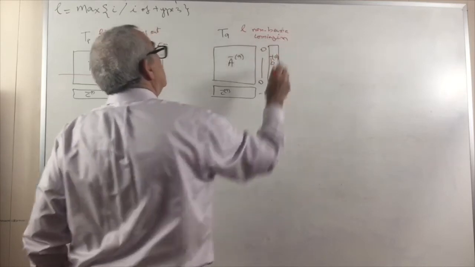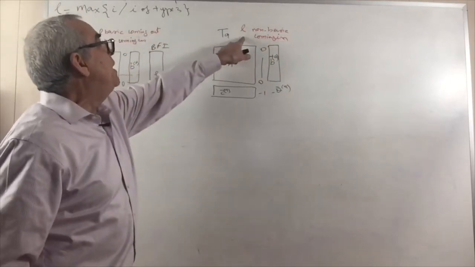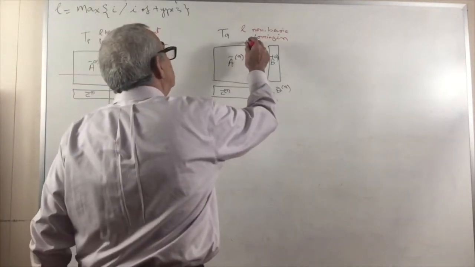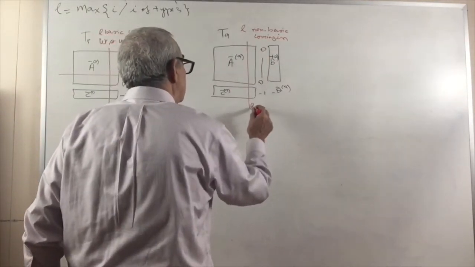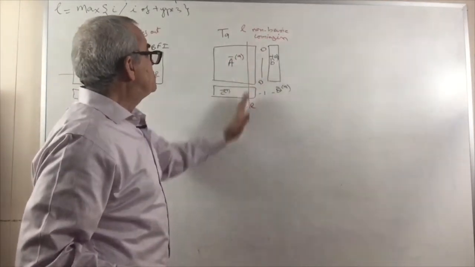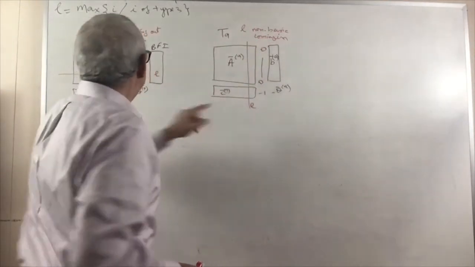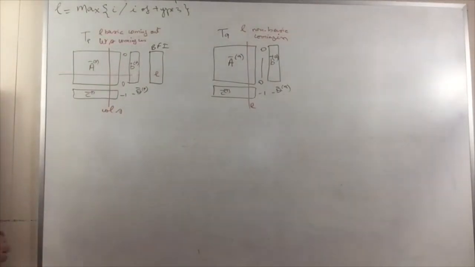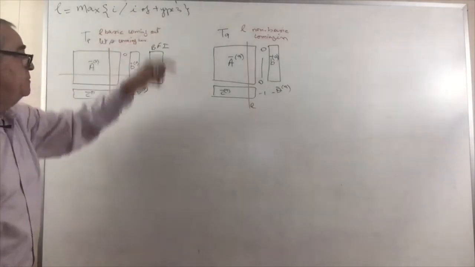So Q is the iteration where L was non-basic, coming in. This is column L, this is the pivot column. L was non-basic coming in, but here it was basic, coming out. Because L is of type 3.